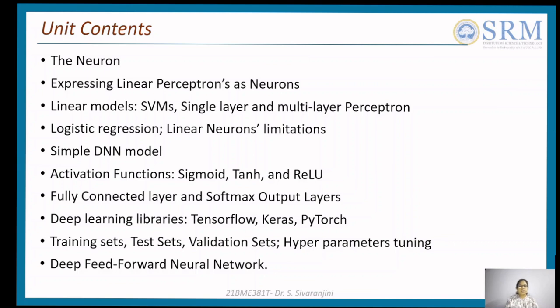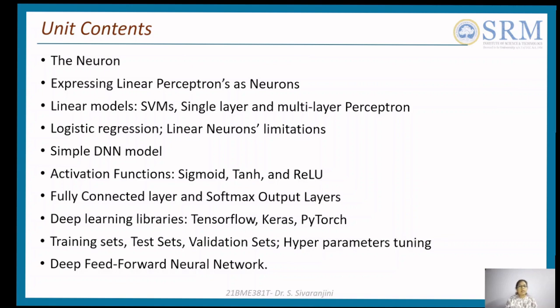And the activation functions for these deep learning networks, such as the sigmoid, tanh, ReLU. And we have the fully connected layer and the softmax output layers, which are required for deep learning networks. We also see the deep learning libraries such as TensorFlow, Keras, and PyTorch.